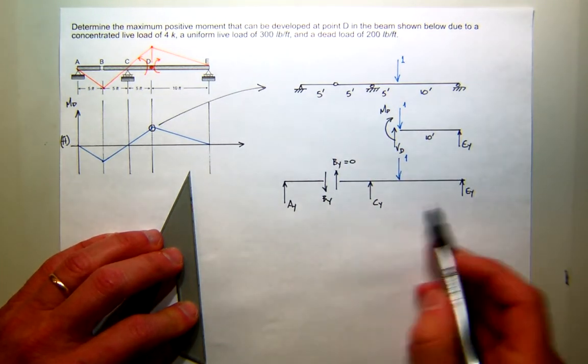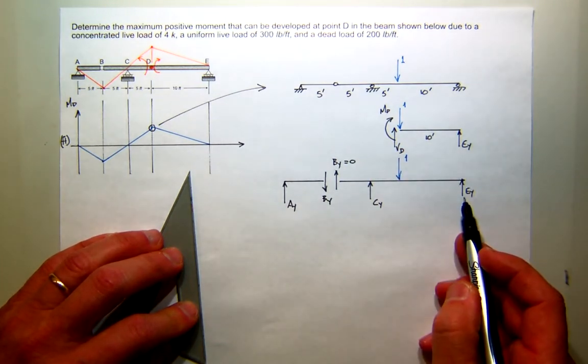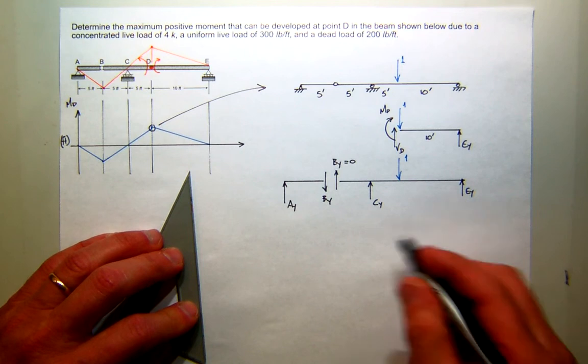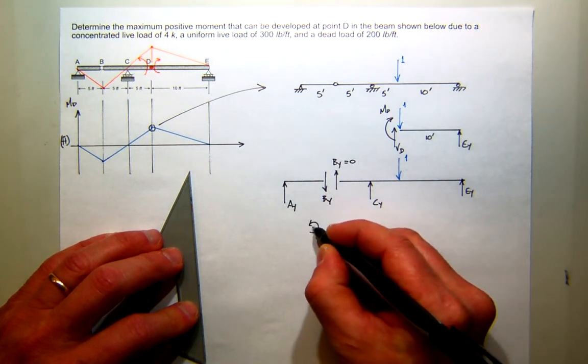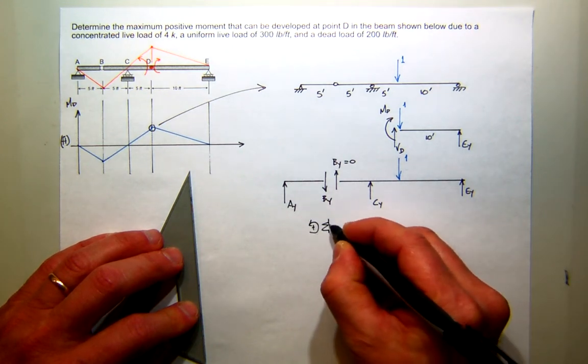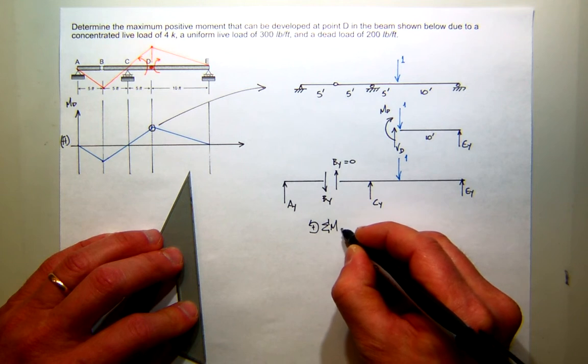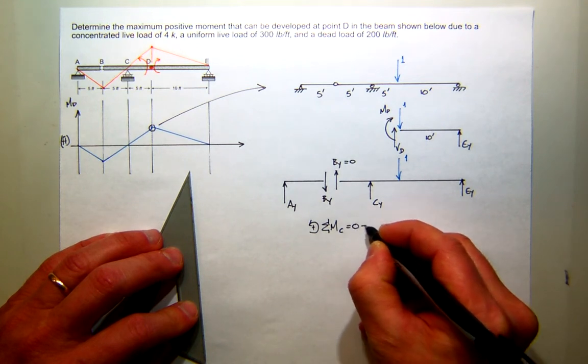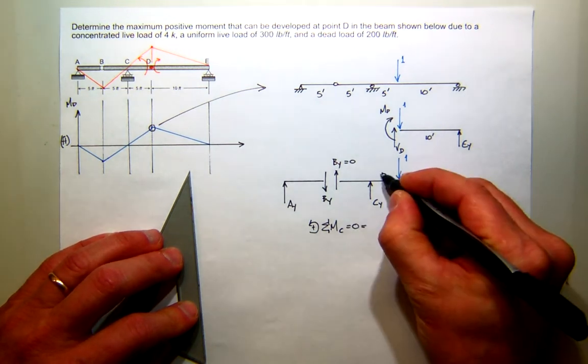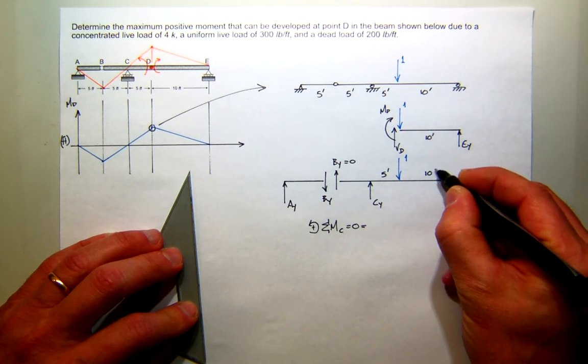And once we see that, can I get EY with one equation? Yeah, you sum moments about C. And if you remember, this was 5 feet. This was 10 feet.